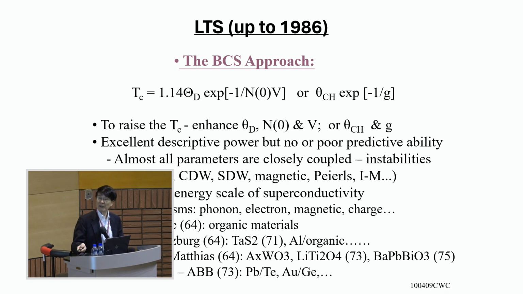Oh, coming back. Okay, going like that because of the small energy scale. So then people proposed new mechanisms starting from phonon, electron, magnetic or charge, and so on, and including a different kind of mechanism have been proposed.